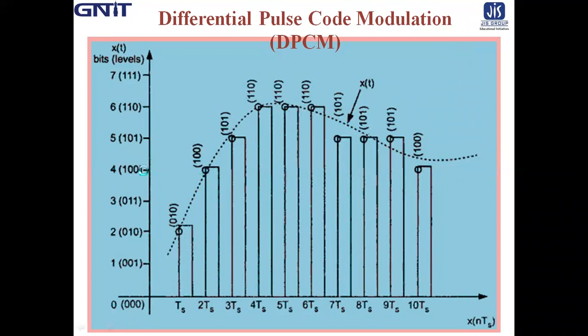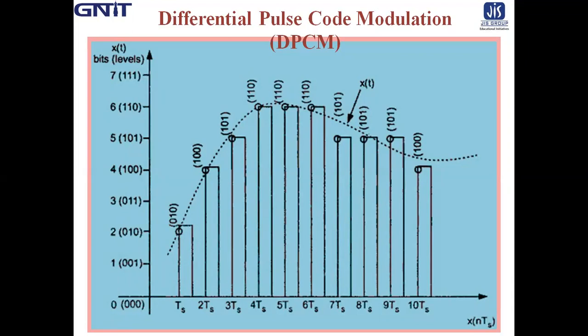Here the code is 4, that is 100. At this point the code is say 101. Similarly here the code is 6, that is 110. The 110 is valid for 4, 5, and 6 TS. Now for 7 TS it is 101, that is 5. For 8 and 9 TS it is 101, that is 5.